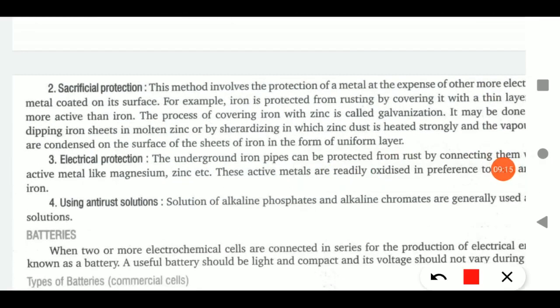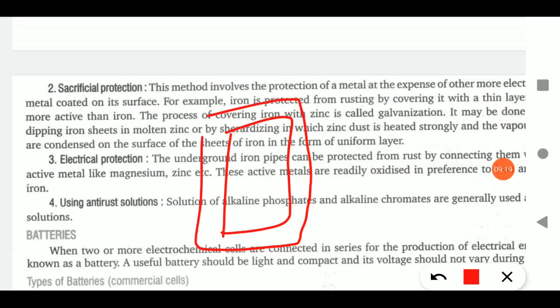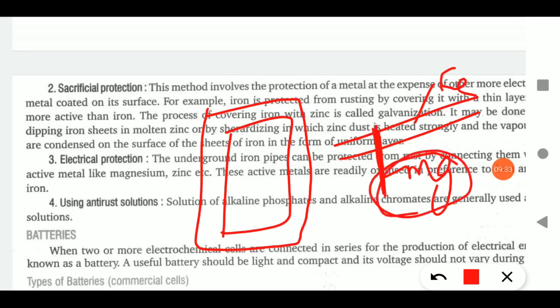Sacrificial protection means just make the coating of highly reactive metal, or no need to make the coating. Suppose you have an iron pipe, just tie a band of magnesium ribbon. This is the iron pipe and this is magnesium, so you need to touch the magnesium only. So here magnesium is more reactive, so now it will act as anode.